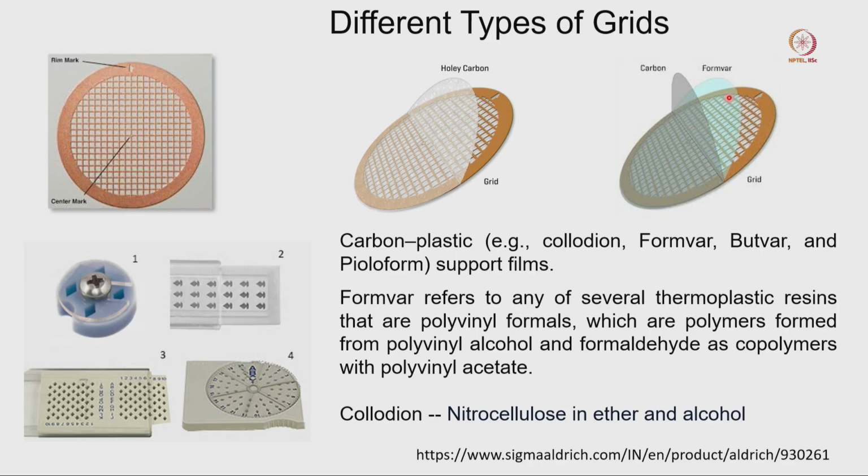So mostly in a carbon coated grid there will be a plastic coating and then amorphous carbon spread all over this grid, and this is a holey carbon grid. We will discuss the holey carbon grid later. Basically this holey carbon grid we use for cryo sample preparation.